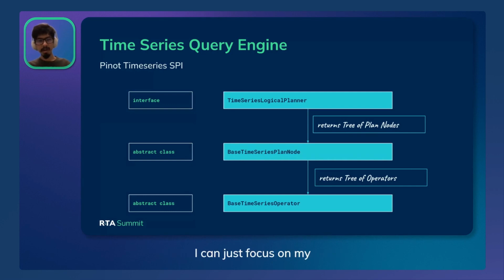I can just focus on my particular semantics, like how I want to handle nulls, for example. And Pinot doesn't care about M3QL or PromQL. It just runs the plan nodes and the operators and the planner. The entire thing is very abstract in a way. So the Pinot core execution framework only deals with the SPI, and you get to dictate your semantics and your plans and your language by yourself.